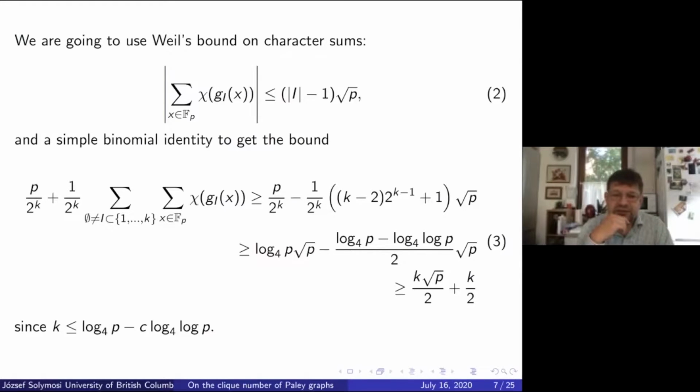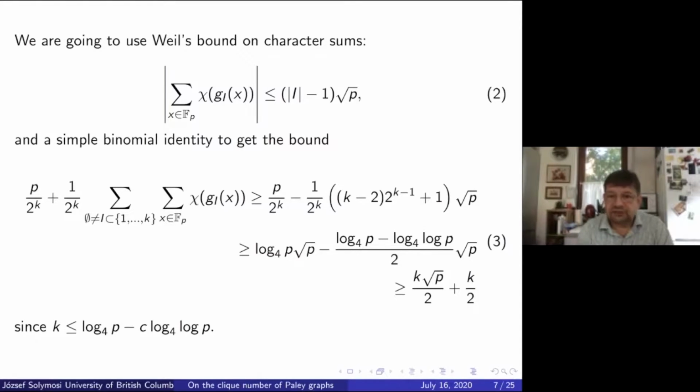So you just do this summation. It's a simple binomial sum, and there was a condition in the theorem that we wanted to prove this for relatively small sets, when k was much smaller than base 4 log p, and then it's just a simple substitution to get the result.